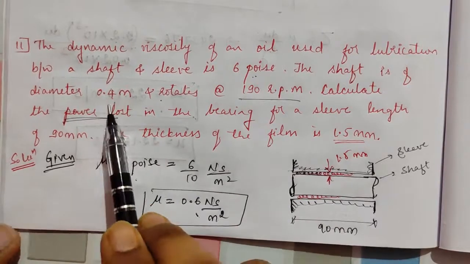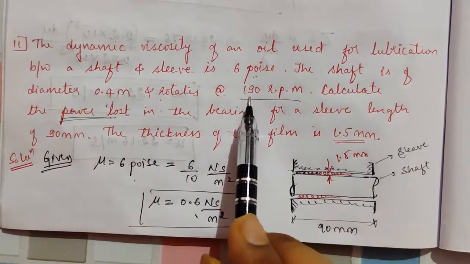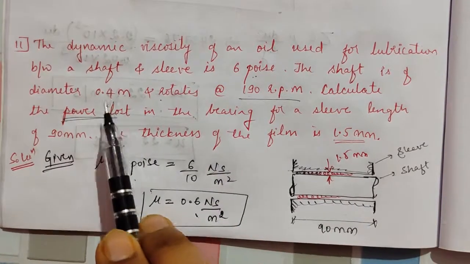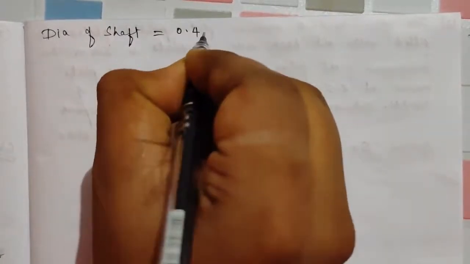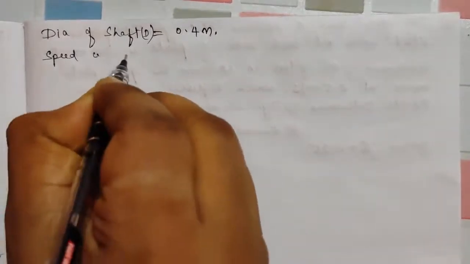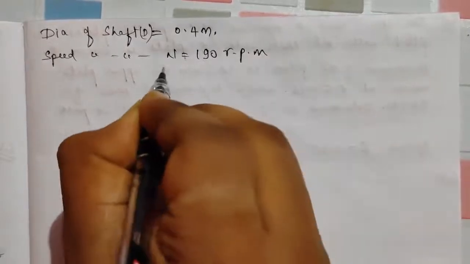The diameter of the shaft is 0.4 meter, D. The speed of the shaft, N is equal to 190 RPM.